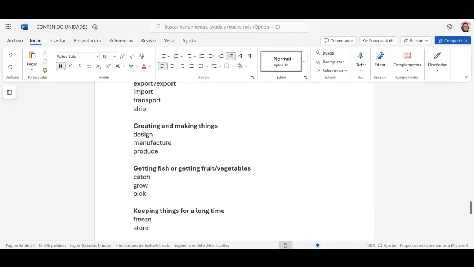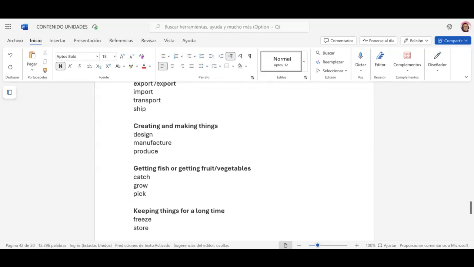But we have other kind of meanings. For example, in the commerce context, what does store mean? Keep, exactly. Guardar. Guardar mercancía, for example.